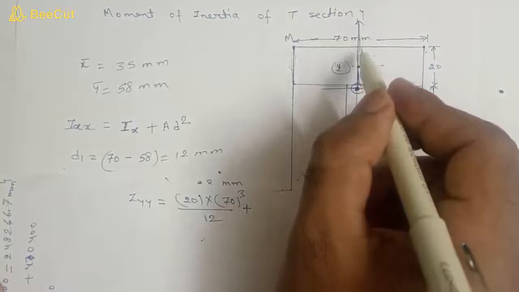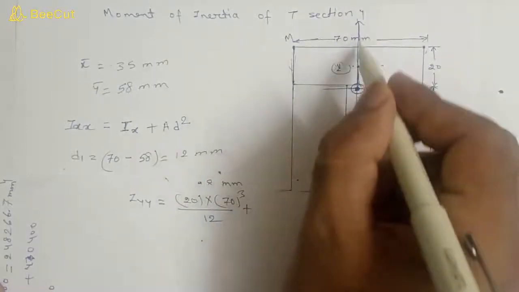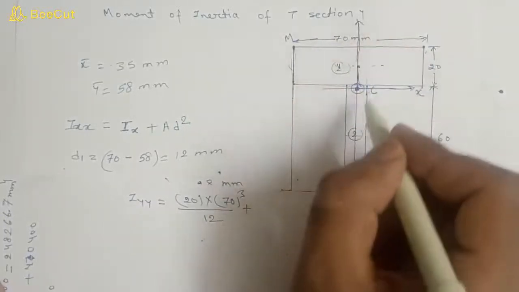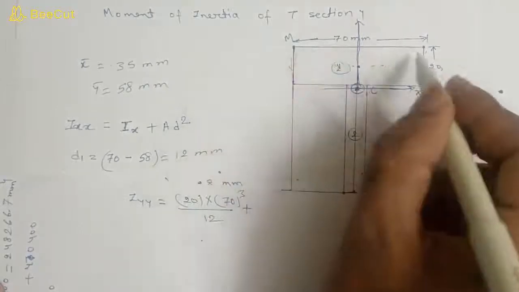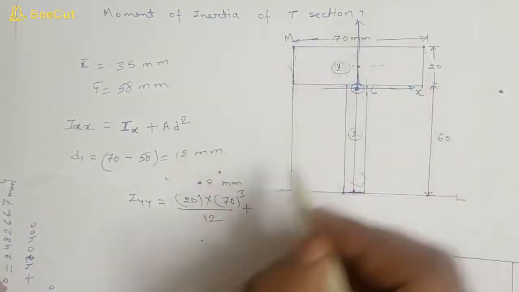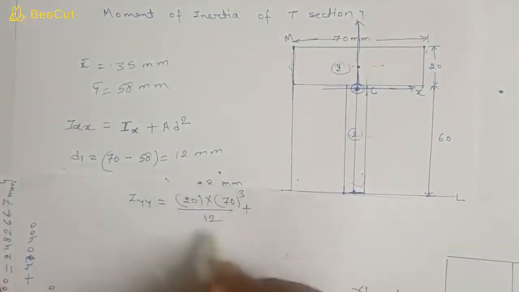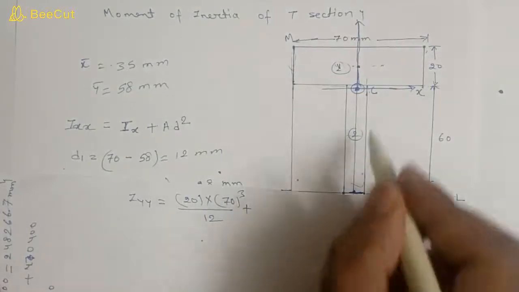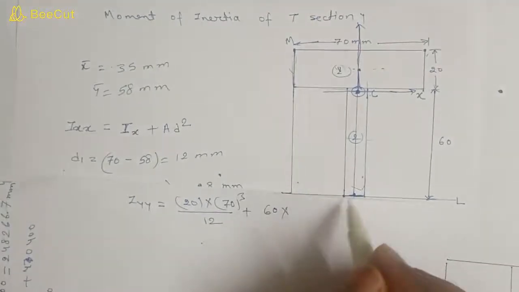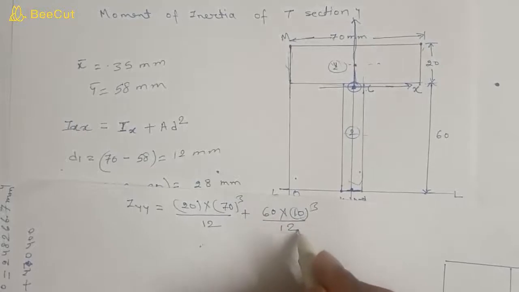The centroidal axis of this shape and the total T section is the same, because this centroidal axis passes through the midpoint of this rectangle, and for this shape it also passes through the midpoint. So d will be 0, A d squared will be 0, and only the bh cubed by 12 part remains, plus for this section b is 60 into 10 cubed divided by 12.